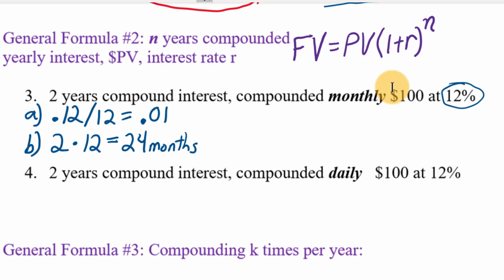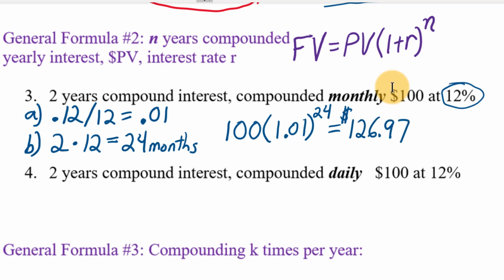So to calculate our final answer, it's going to be the future value equals the present value, $100, times 1 plus the monthly interest rate, 1.01, raised to the number of compounding periods, 24. And what we're going to get when we put that in our calculator is $126.97.